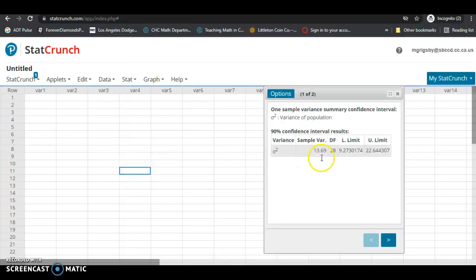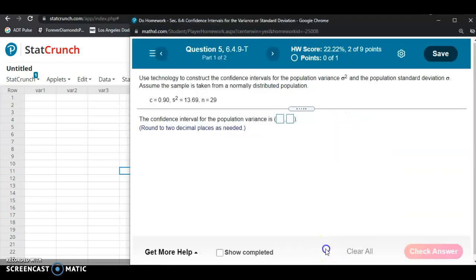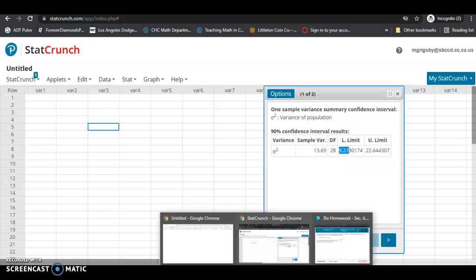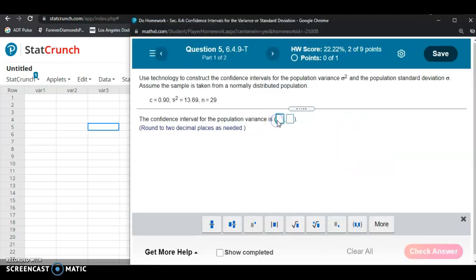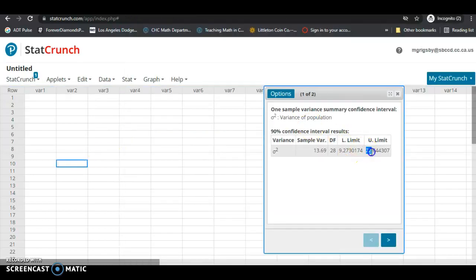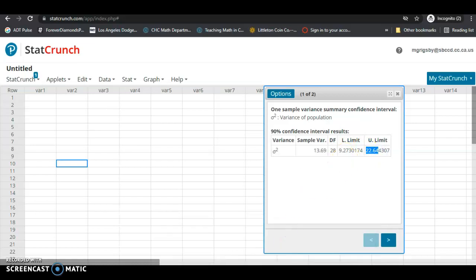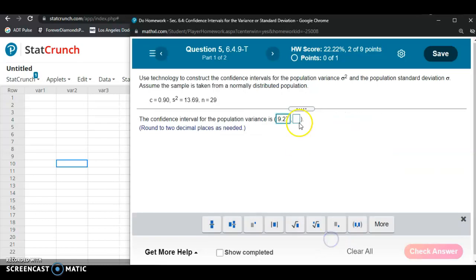The lower limit, rounded to 2 decimal places, is 9.27. And then the upper limit of our confidence interval is 22.64, and it goes in the second box.